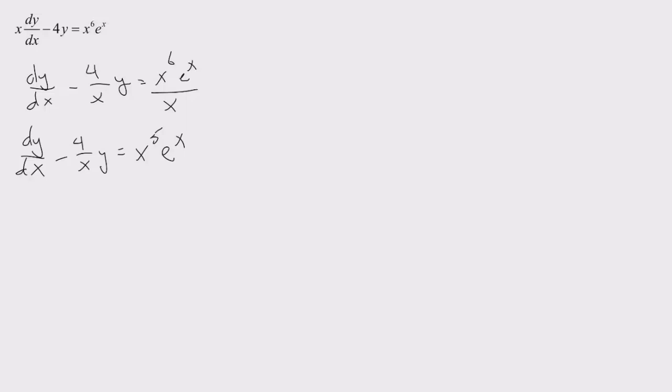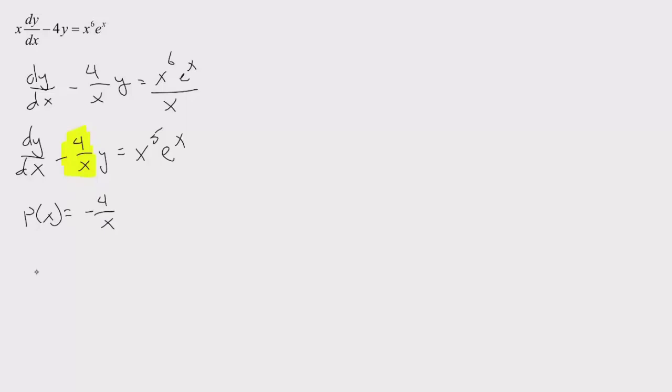Okay, so now it's in linear form, and now I want to put some effort into finding our integrating factor. So that's looking at that term right there. We got p of x equals negative 4 over x.